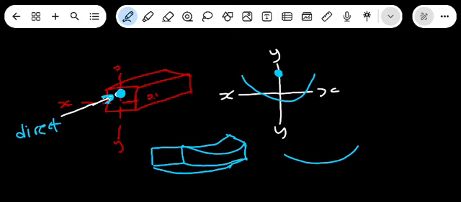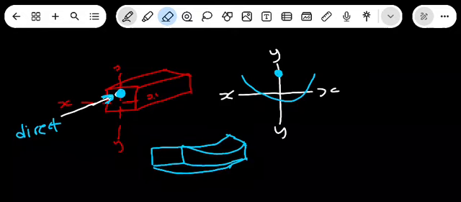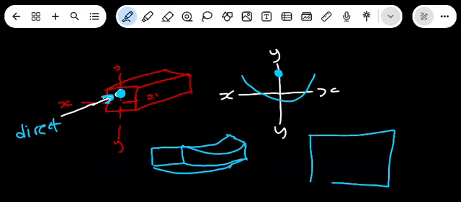Then we must know the distance. What is the distance that will cause this bar to bend? We call it an eccentric force. What I'm trying to say about an eccentric force, let me draw you the front view face. If I draw the front view face here, we'll have our y-axis and our x-axis.